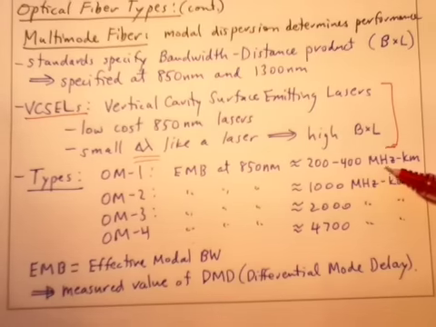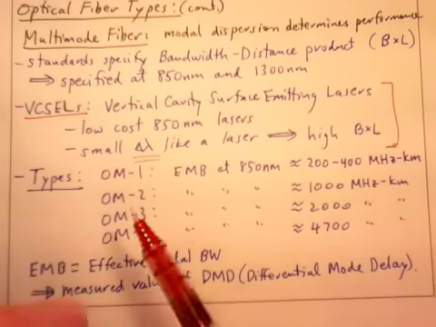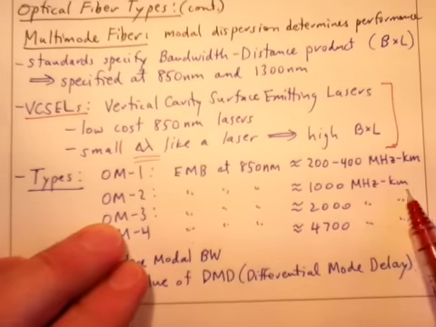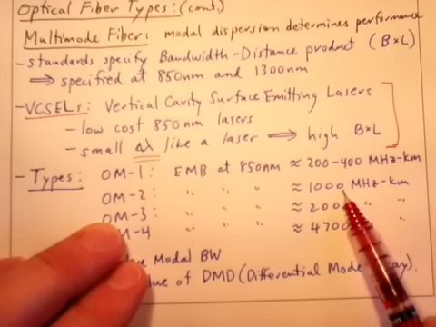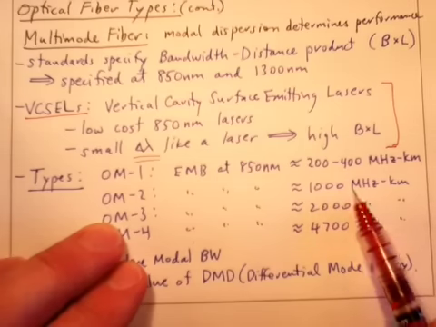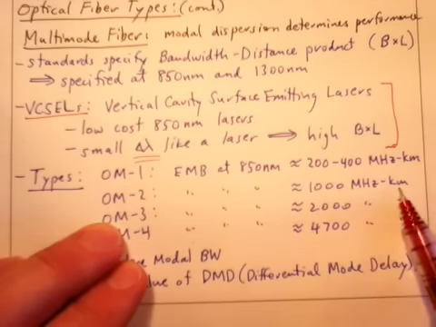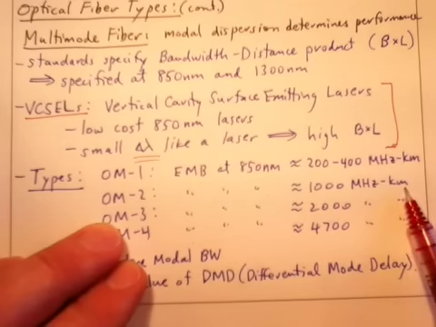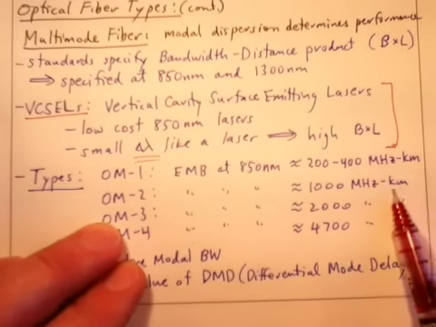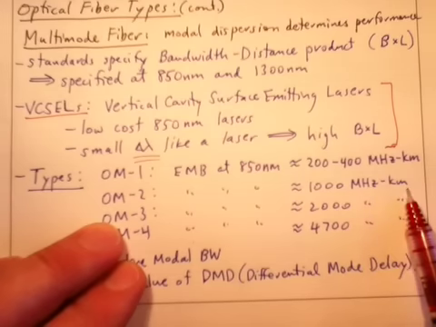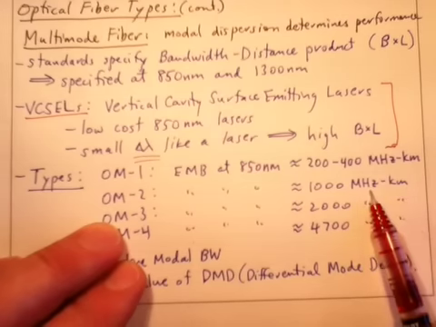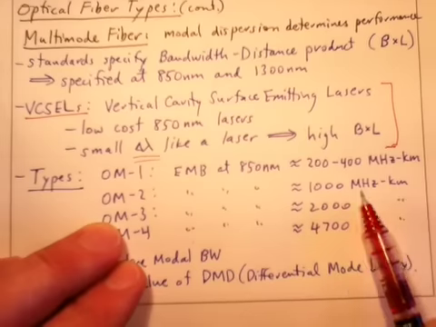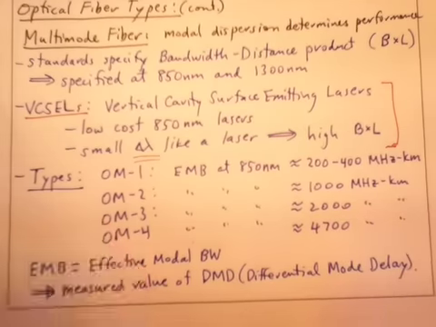For example, if we have OM2 fiber that's spec'd at 1,000 megahertz kilometers, 1,000 megahertz is 1 gigahertz, so roughly a gigabit per second over a 1 kilometer link. If you want a 10 gigabit per second link, you'll have to go down to 100 meters. We go 10 times as fast and only 1/10 as far. So 1 kilometer for a gigabit per second and 100 meters for 10 gigabits per second.